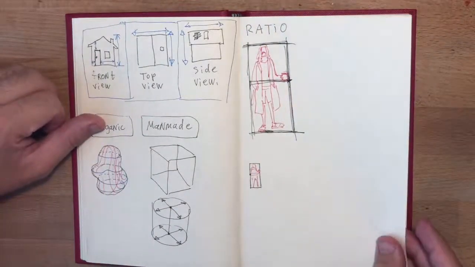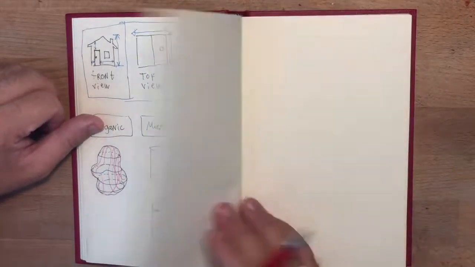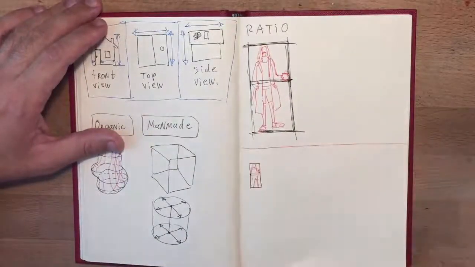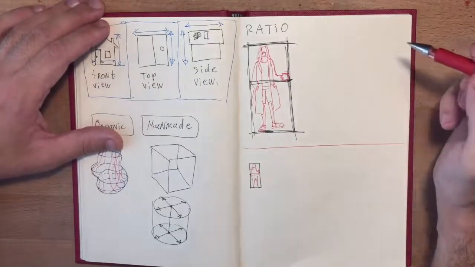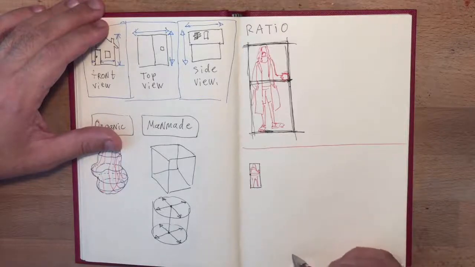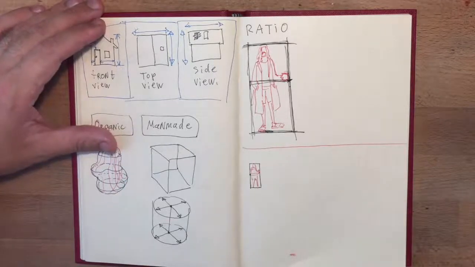So let's say, okay, what's here? So now perspective, we have a horizon line, and let's say the dude will stand here.